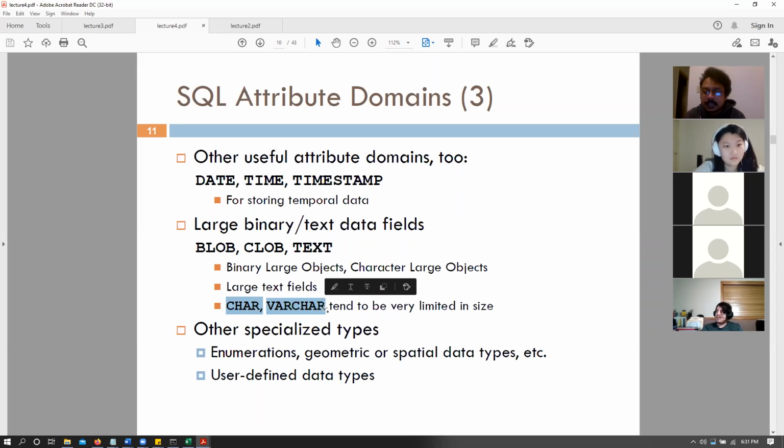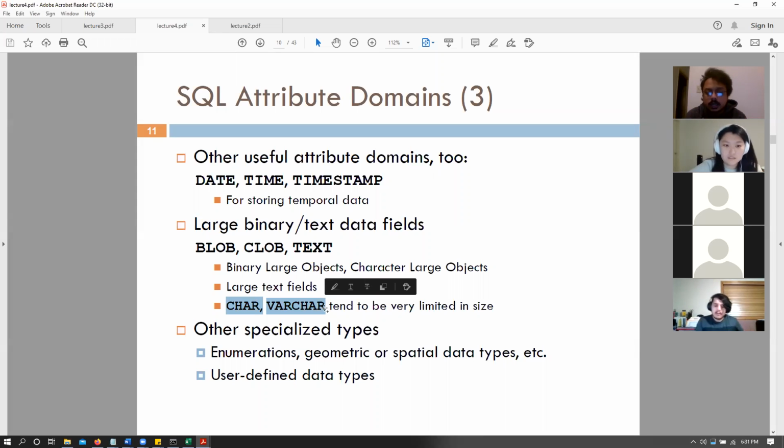So for example, for MySQL, I remember that char is limited to 256 characters at most. You cannot go above that. And varchar is 64 kilobytes at most. You cannot go above that. So for larger text files, you would rather use the text data type, things like that.